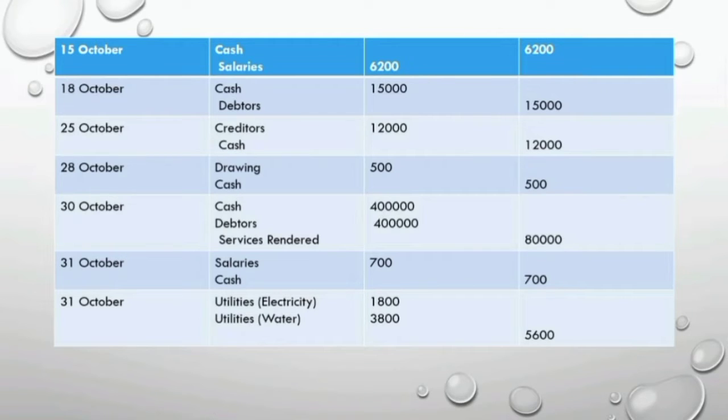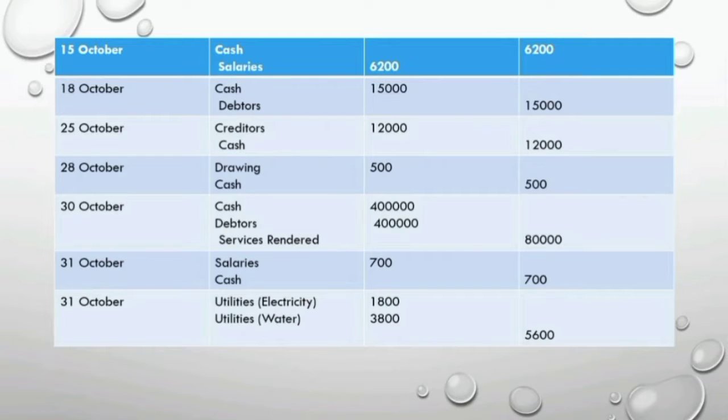On 30 October, we have cash account, debtors account, and service rendered. For cash and debtors account, we put on debit, and for service rendered, we put on credit.